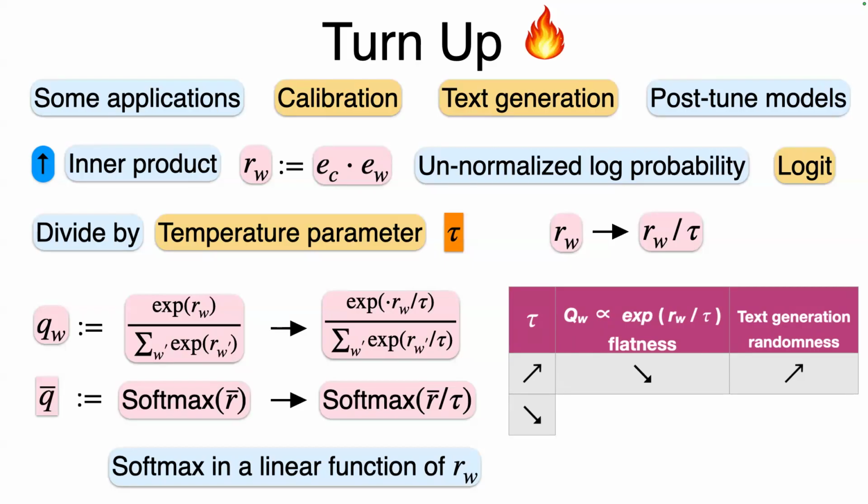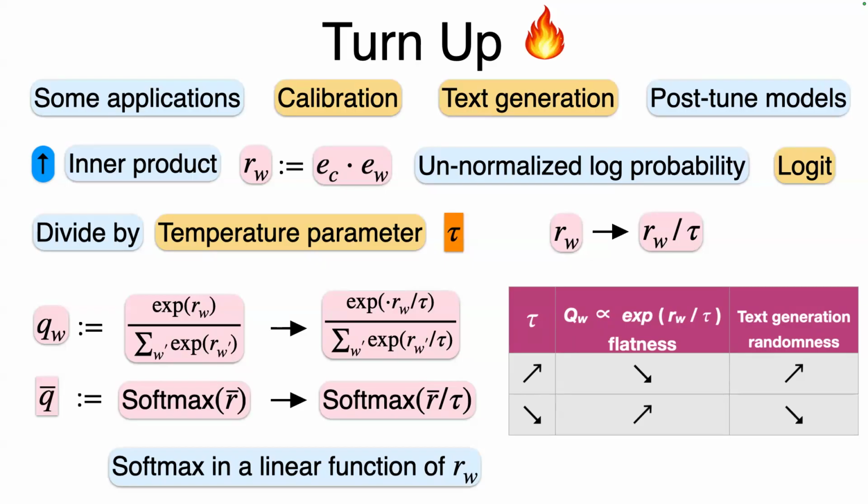If tau decreases, these things become less uniform. Imagine that tau is close to 0; I'm really accentuating the difference between different RWs.